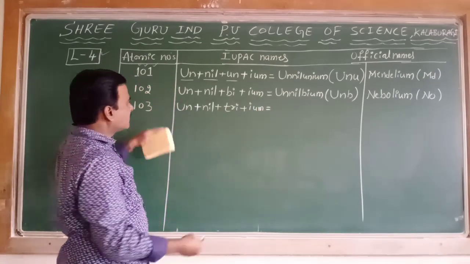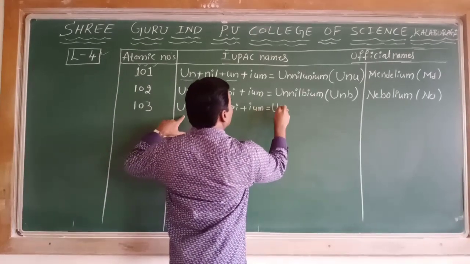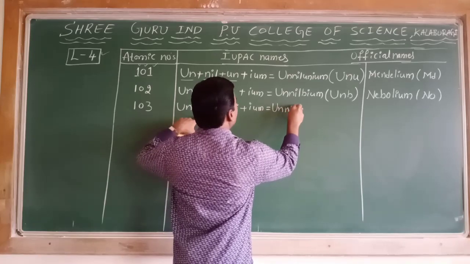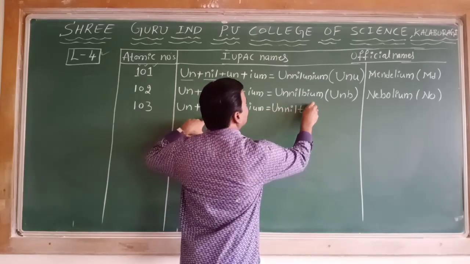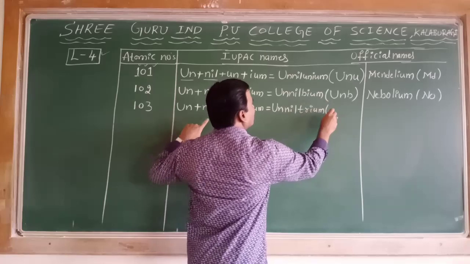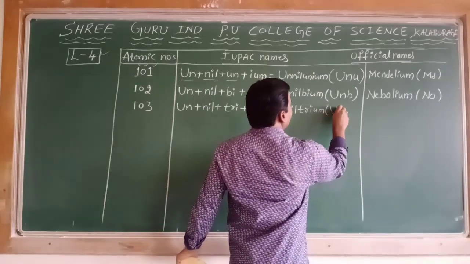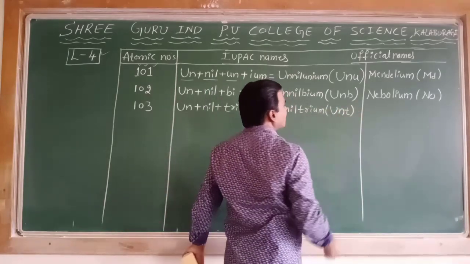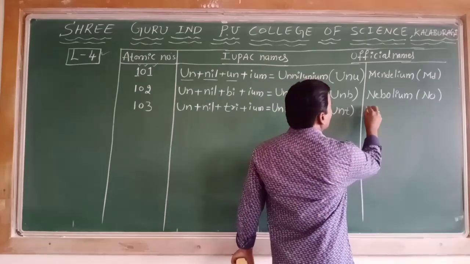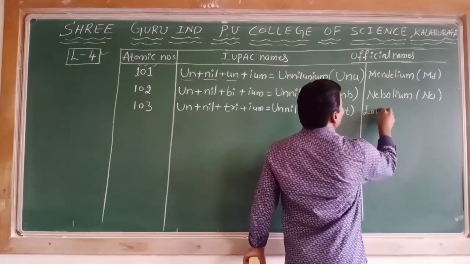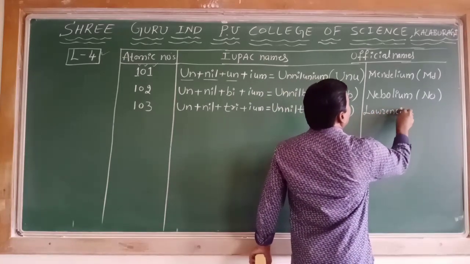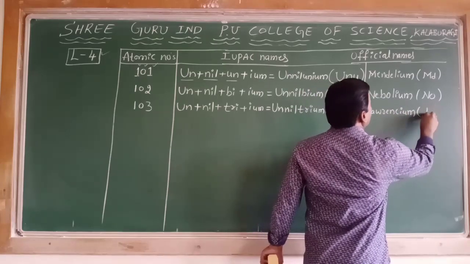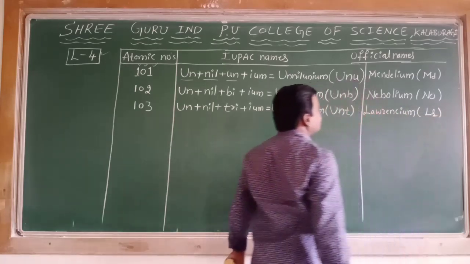Name is un, nil, trium. Symbol UNT. And the official name is Lawrencium, symbol Lr.